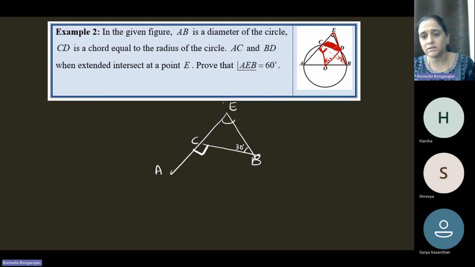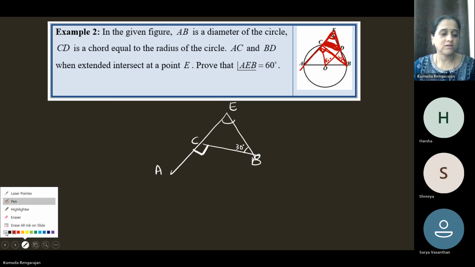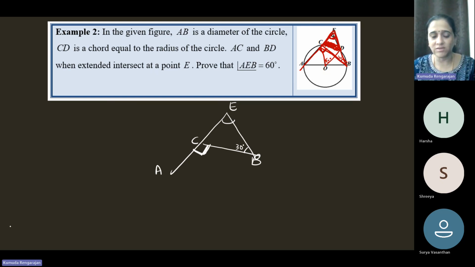The triangle BEC, and the side EC is produced. You can see that flag-like triangle, right? In this triangle BEC, you'll have to find the measure of angle E. We know this is 90 because the angle in a semicircle is a right angle.